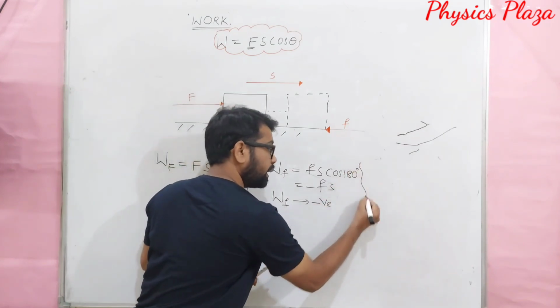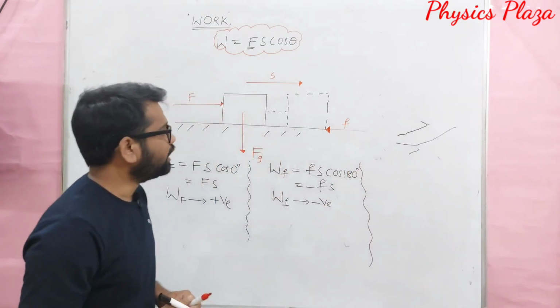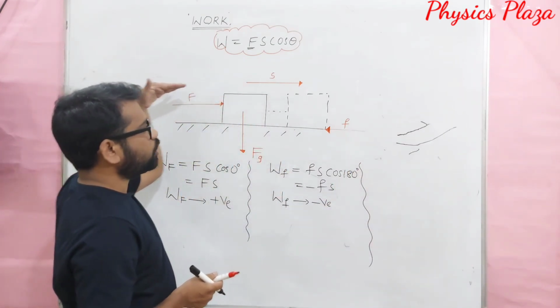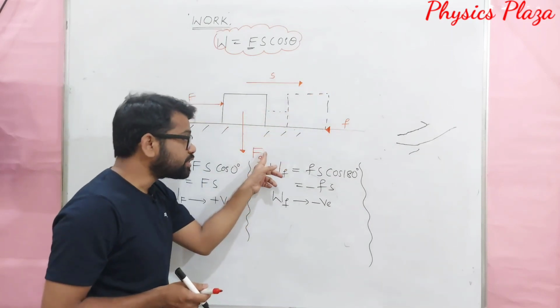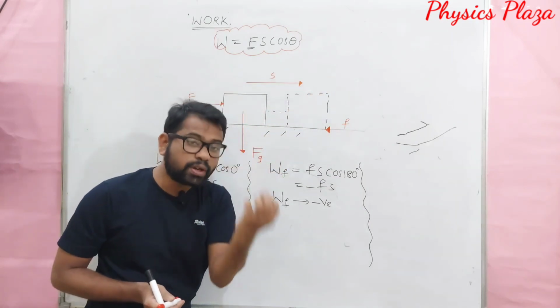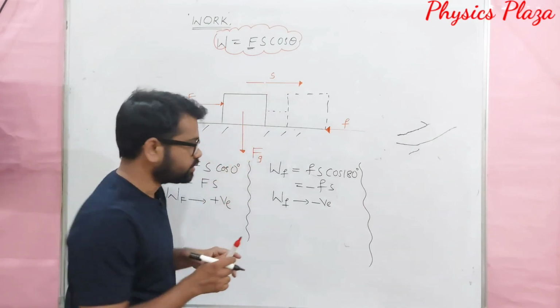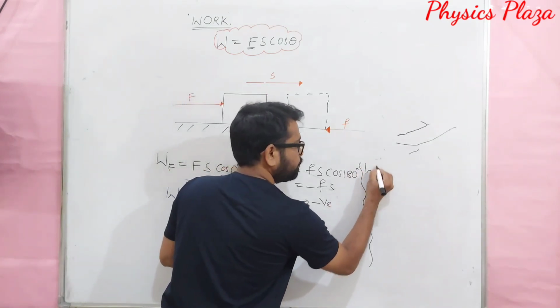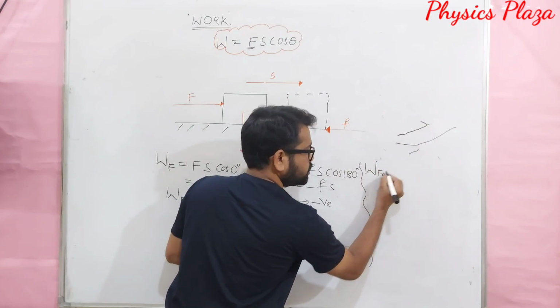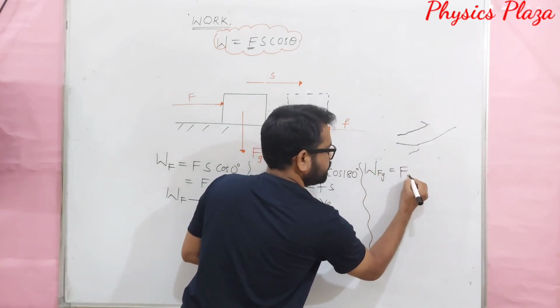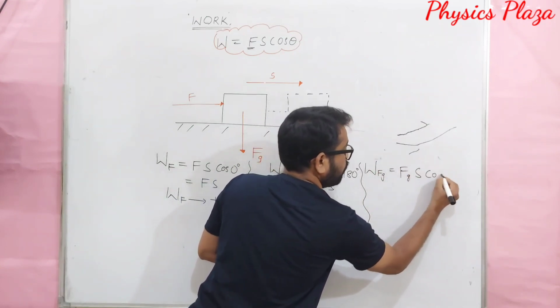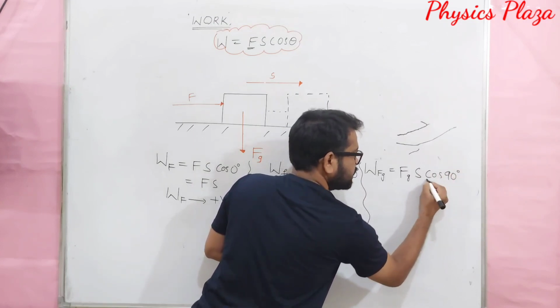Now what about the work done by the gravitational force? Children, the body is displaced horizontally, but the gravitational force is acting vertically downwards. Then what is the angle between these two? It is 90 degrees. So the work done by the gravitational force is equal to Fg s cos 90. Children, cos 90 will be how much?